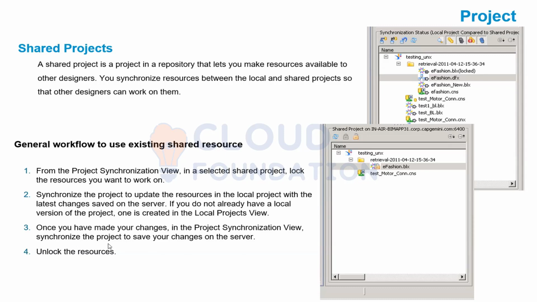Then you can unlock the resources. Then another designer, maybe because you are on leave, or you have done your work and someone else needs to do other work, if you split the work, can do the remaining part by following the same procedure using the project synchronization view option.